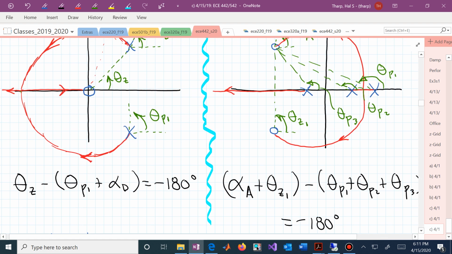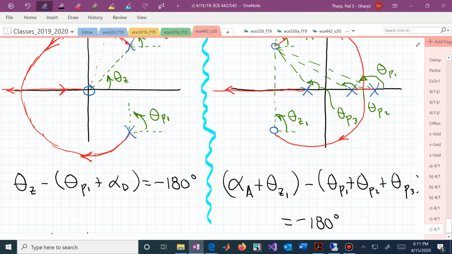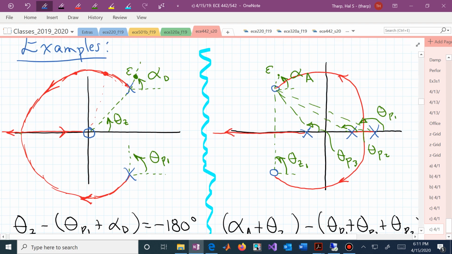Theta sub z in this case is, let's just say that's 45 degrees. Theta sub p sub 1, that's 90 degrees. Now the only unknown in that expression is alpha sub d, which is the angle that the root locus is making with respect to that pole.